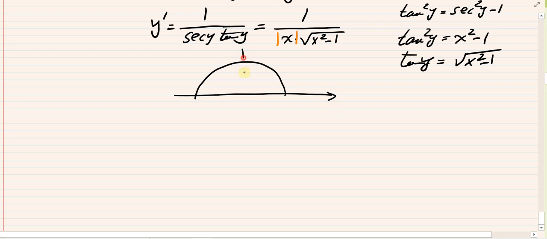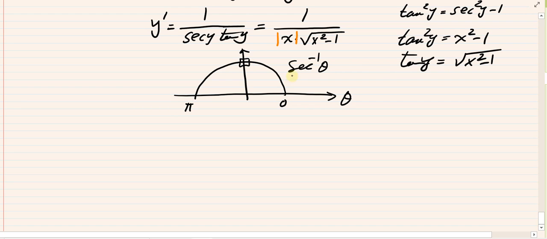Okay, so this is the range of secant inverse. We're looking at secant inverse of theta, let's say. That's going to be from 0 to pi with the exception of pi over 2.